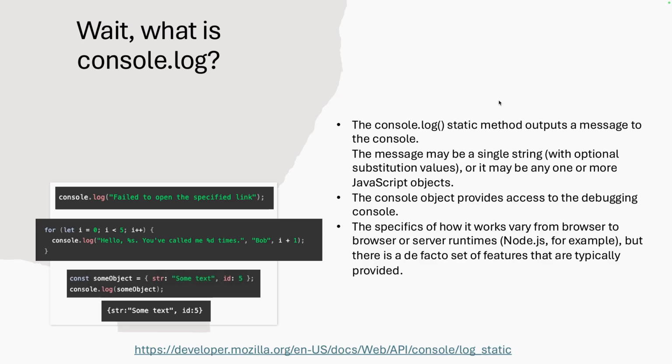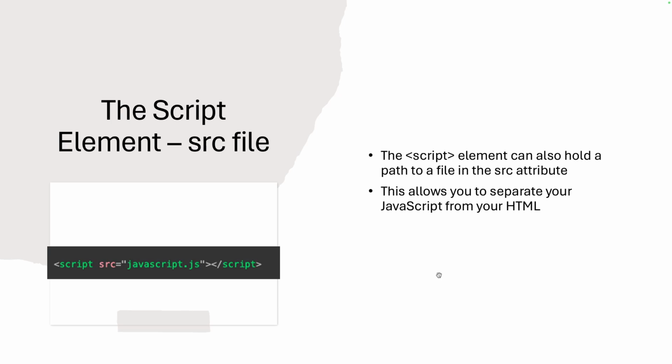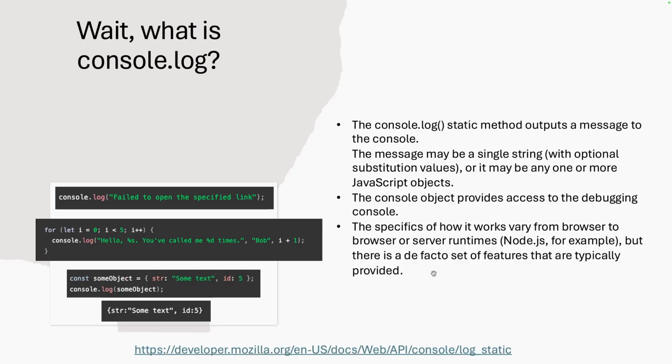The specifics of how console.log runs vary from browser to browser and server runtimes, but typically there is a de facto standard. If you go look at the documentation linked there, again on MDN, it can be quite educational to review that. And again, I'm mentioning console.log because that is in the global scope as well. You can just use it everywhere.